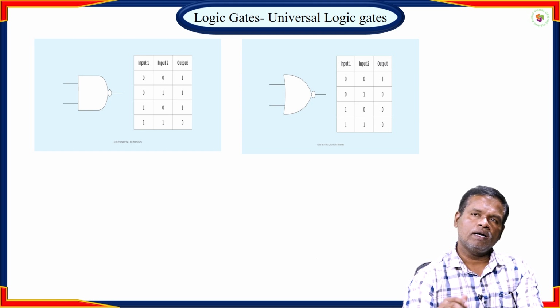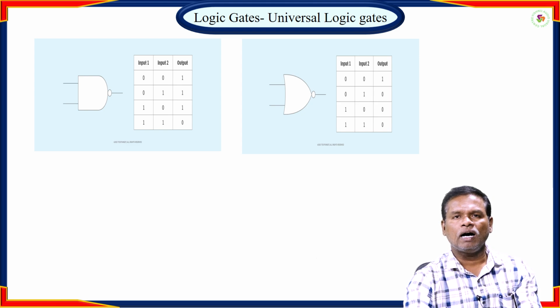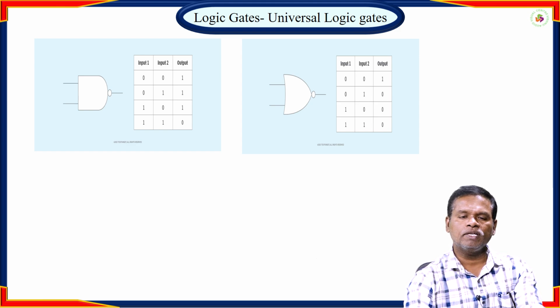Any logic circuit is obviously a combination of AND, OR and NOT, which are the fundamental or basic gates. But why are these two called universal gates?